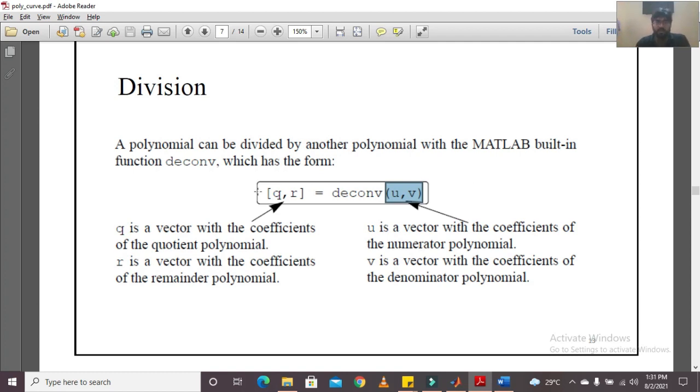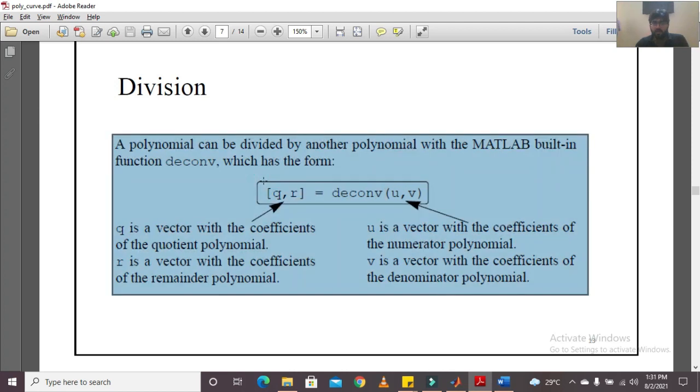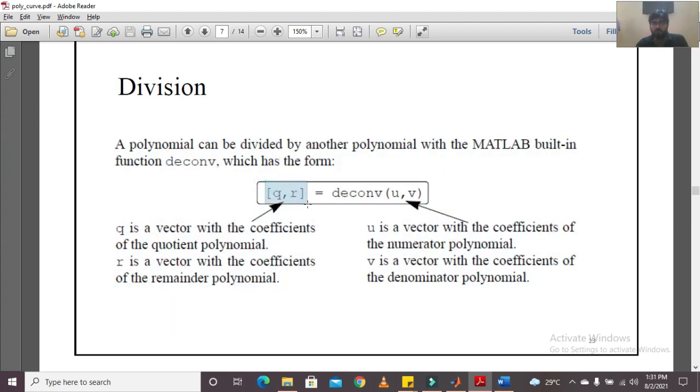Another important thing here is that in the deconv function, we not only give 2 input arguments, but we will also have 2 output arguments. The first output argument will contain the quotient polynomial, and the second output argument will contain the remainder polynomial.